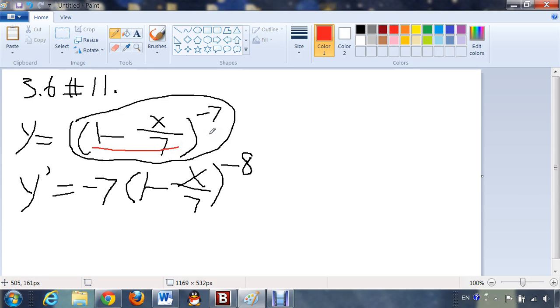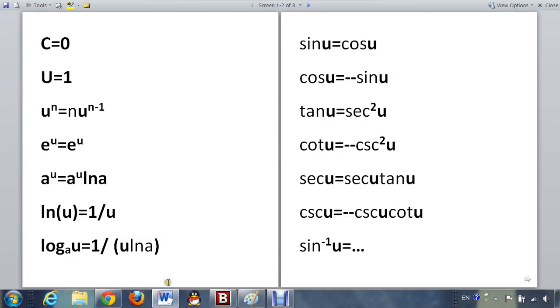So now we will take a look at this and match it with the rules. We will see if we can find something that looks like 1 minus x over 7. Let's look here. We have constant. We have this power, definitely not that one.